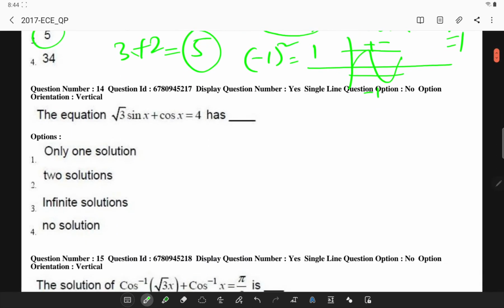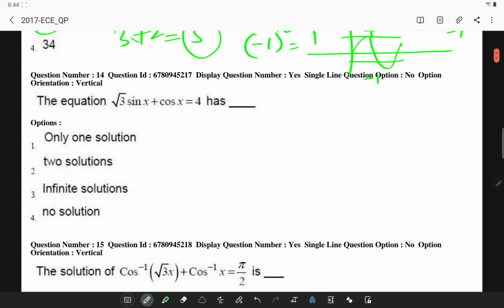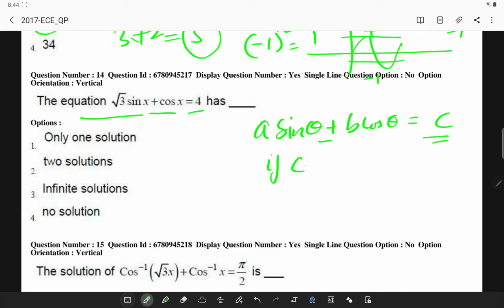Next, the equation root 3 sin x plus cos x is equal to 4 has... you have to remember, if an equation a sin theta plus or minus b cos theta is equal to c is given, if modulus of c is less than root over a square plus b square, it will have a solution.